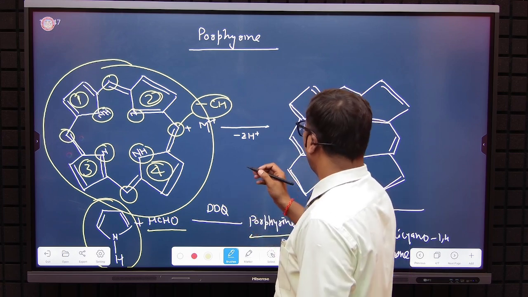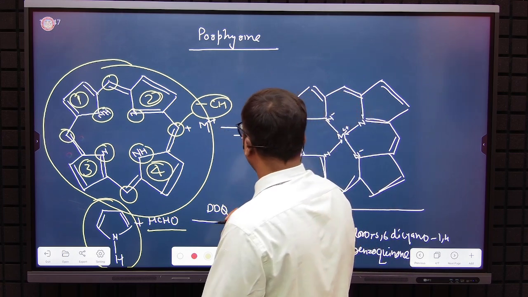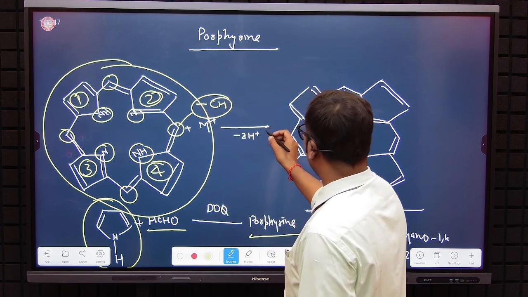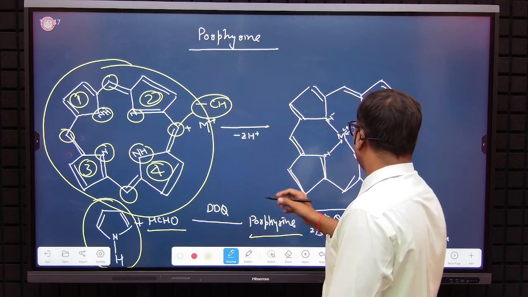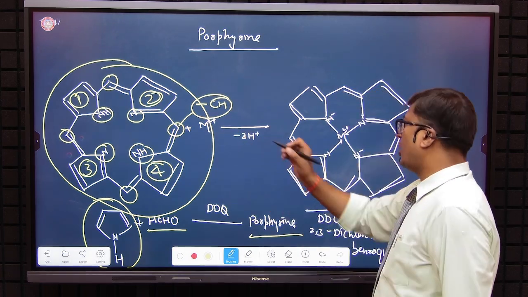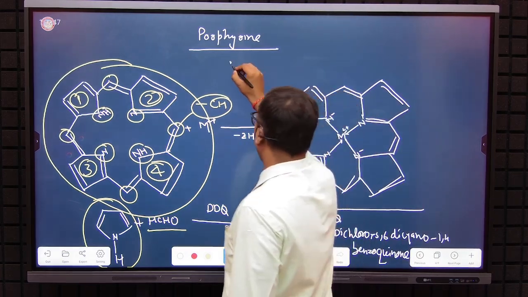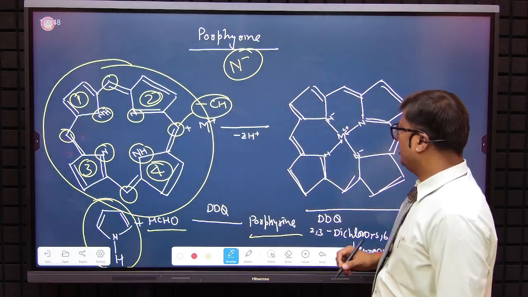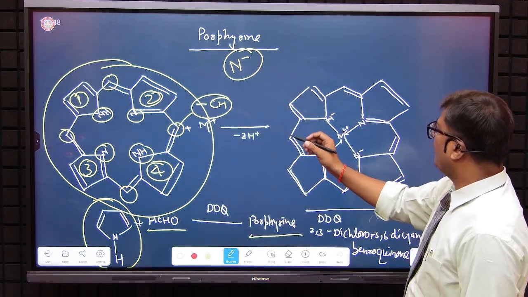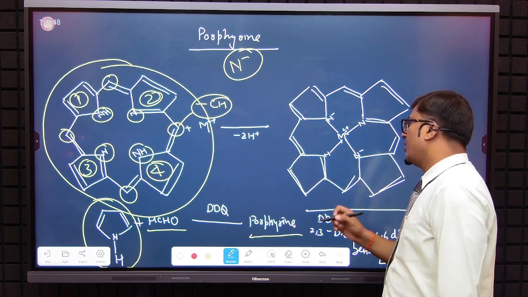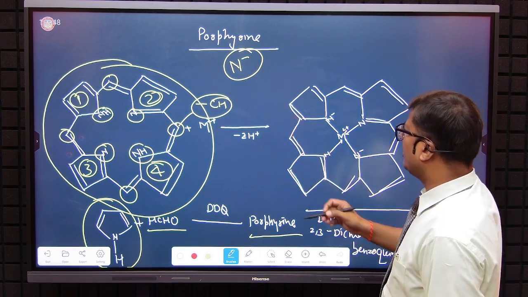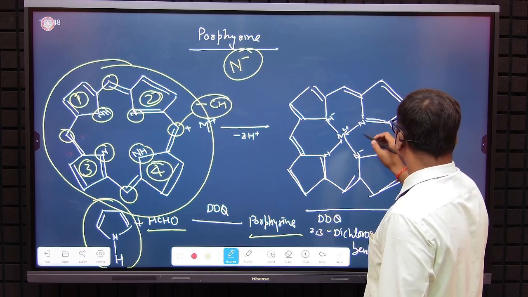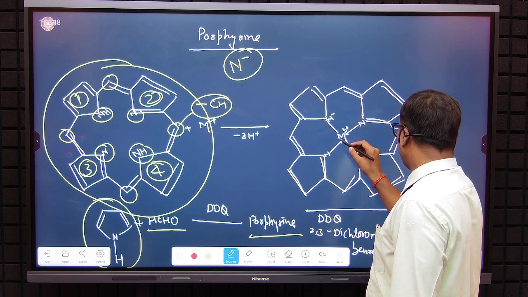Once they react with a metal salt in divalent form, then 2 hydrogens are removed from the structure. Now the nitrogens attain N minus, that is a negative charge, right? So once the metal cation reacts with this ring structure, 2 nitrogens form a coordinate bond, right?